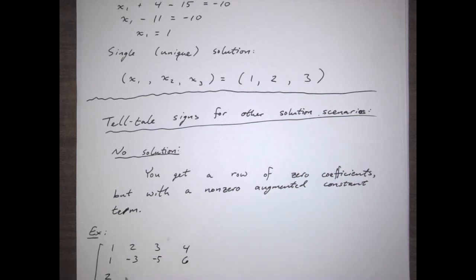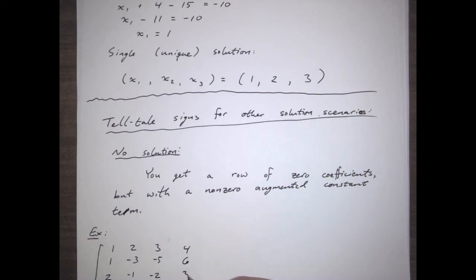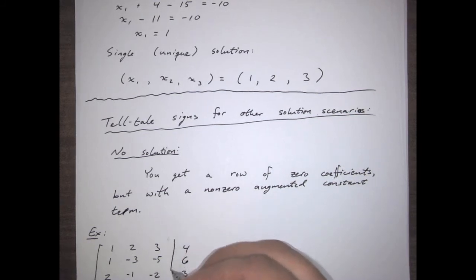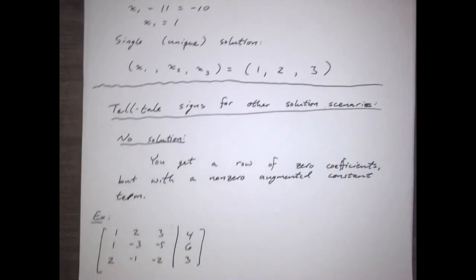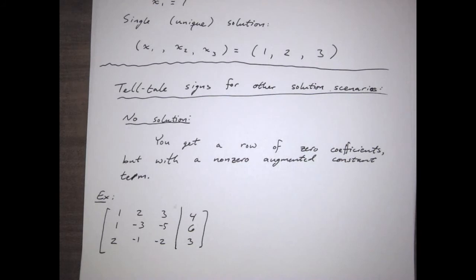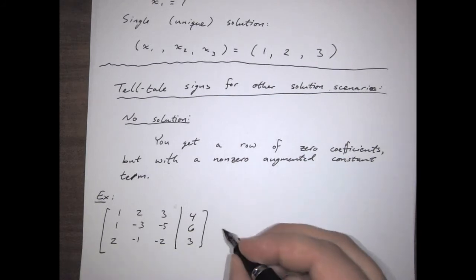And 2, negative 1, negative 2, 3, with the 3 being augmented. And those are all 3 the augmented entries that represent the constant terms.